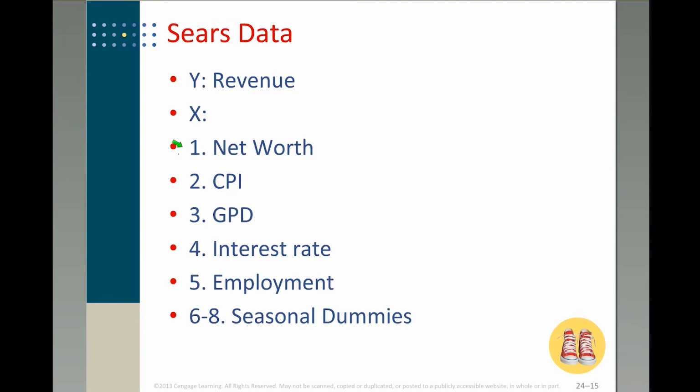The first one is net worth. The second one is CPI, that's the Consumer Price Index. Third, GDP, which typo here should be GDP. And fourth is interest rate. Number five, employment. And finally, I realized that Sears data involves strong seasonality, so I want to use seasonal dummies to control for it.